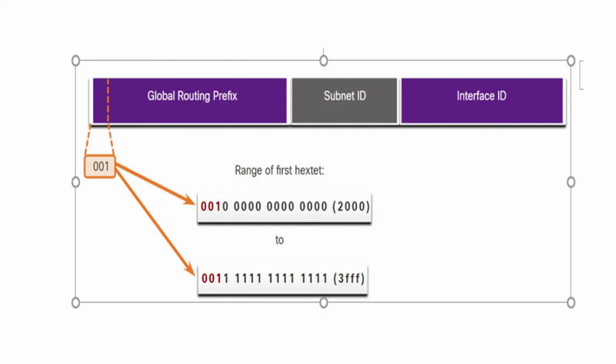Now, if an ISP uses this global routing prefix, let's say it uses a /32, that is 32 bits here. Then our subnet ID will be 32 bits if our IPv6 address is a /64.